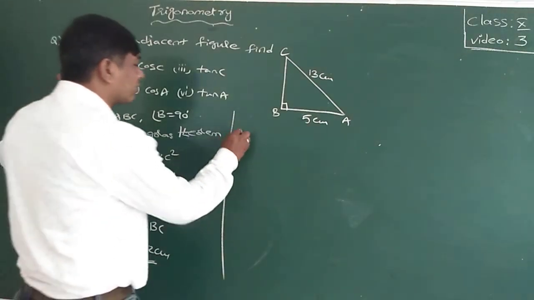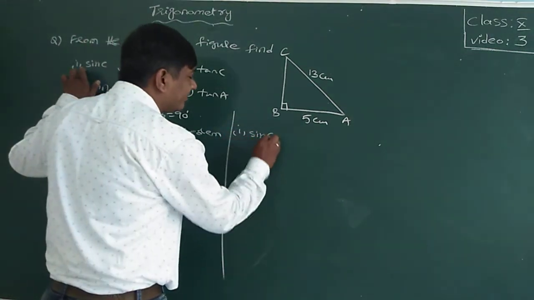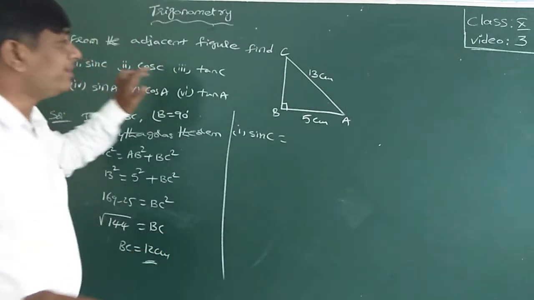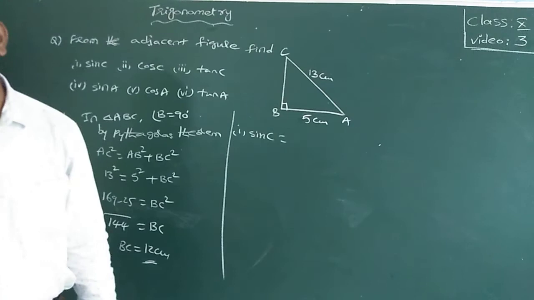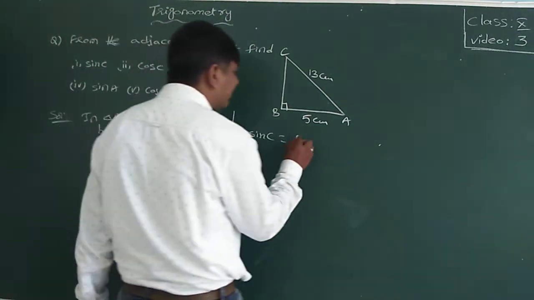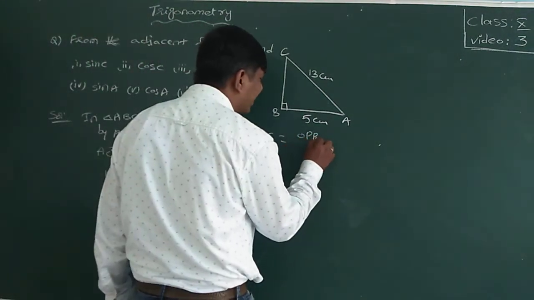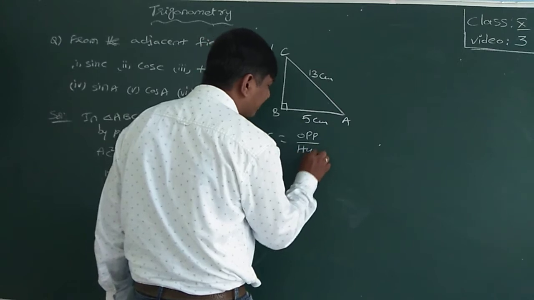Now, as per your question, the first one is sin C, where the angle is at vertex C. What is the sin C formula? Sin C is opposite side by hypotenuse.